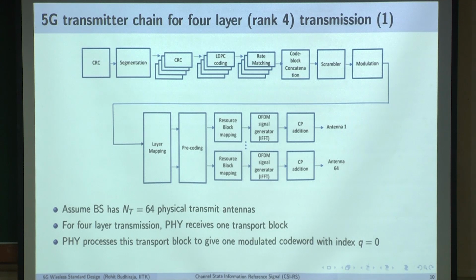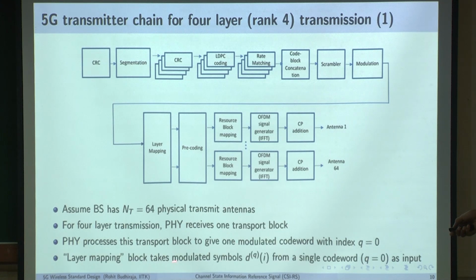So what are we saying here? The PHY processes this transport block to give one modulated code word. Till here there is no distinction. After that you see this layer mapping block coming. The layer mapping block takes these modulated symbols which were denoted as D. Q is this index.